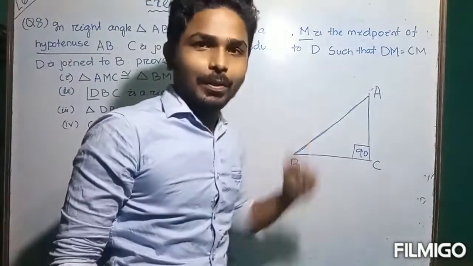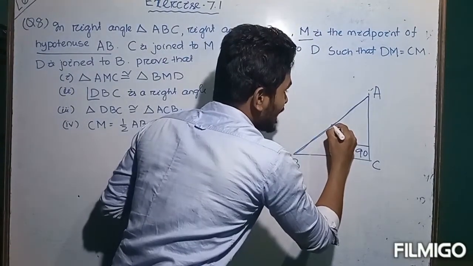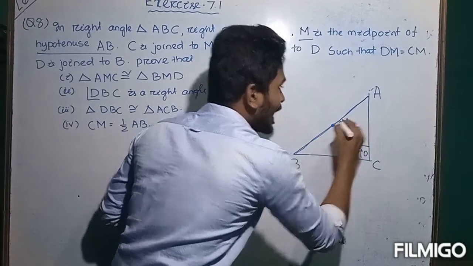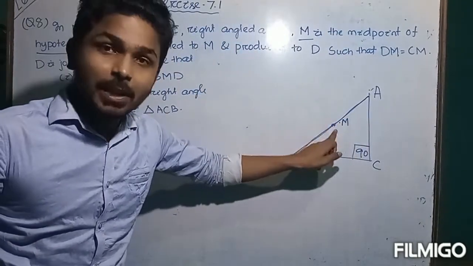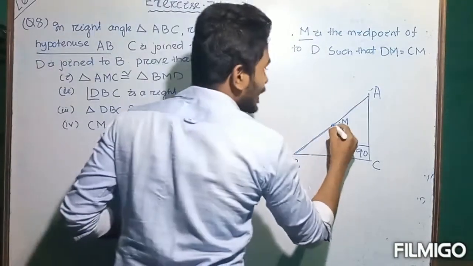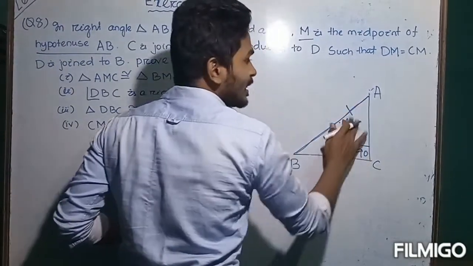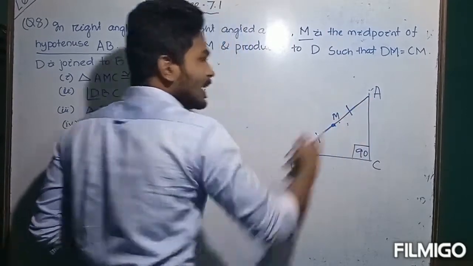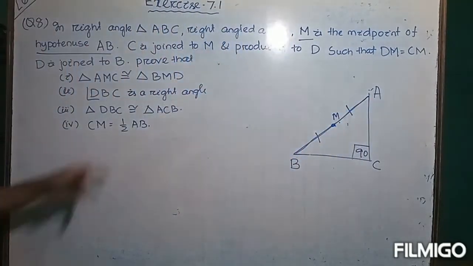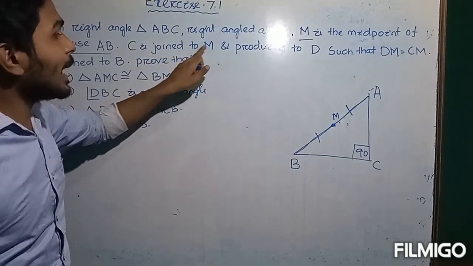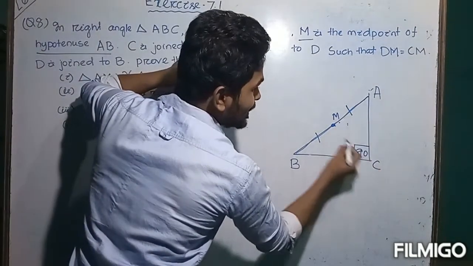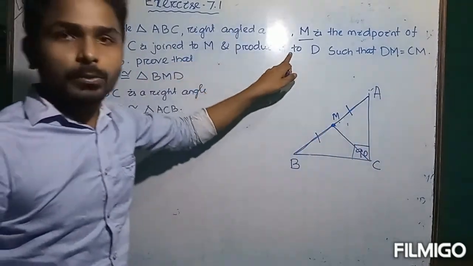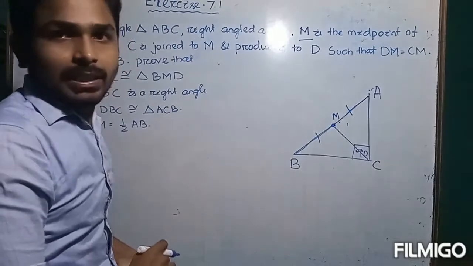If AB is the hypotenuse, then you have to take a point M. Suppose this is M, and this M is the midpoint of AB. It means this side AM is equal to this side BM. Clear? And C is joined to M. So it is given that this point C is joined to M and produced. Produced means it has been directed in this direction.